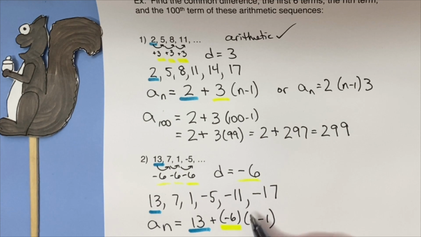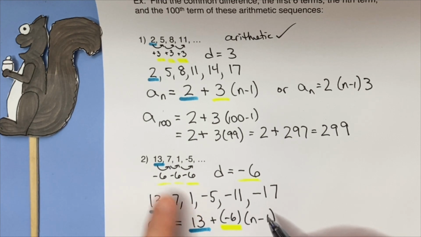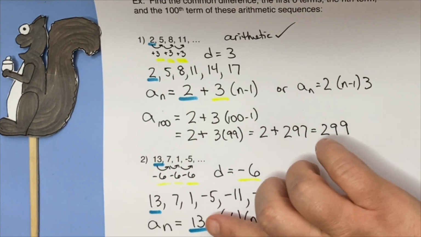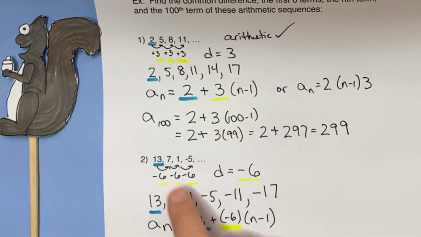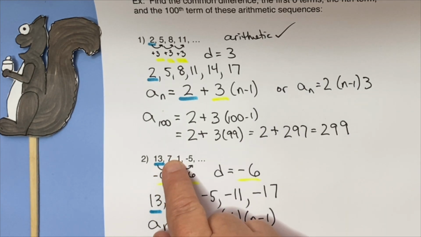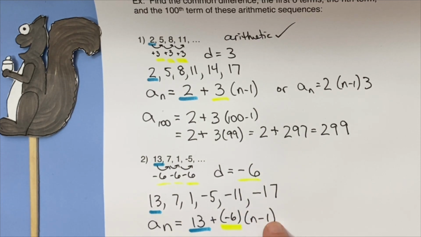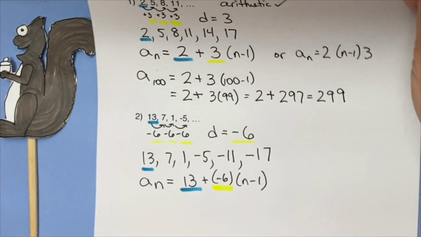And that formula is always going to be true, because why is it n minus 1? Well, again, at the starting point, you just start with the 13. There is no negative 6. Negative 6 only starts in after the second term. So it's n minus 1 because you don't start right off at 1.